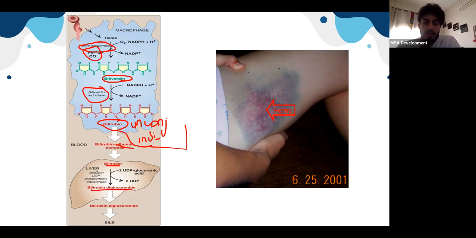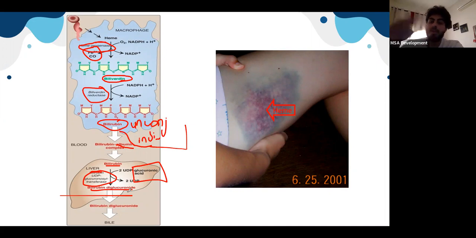You notice how there are 2 UDP glucuronic acids, and after the reaction happened, the glucuronic acids are gone. Now this product is the conjugated form of bilirubin, aka the direct form of bilirubin.